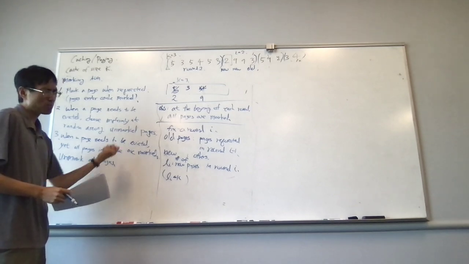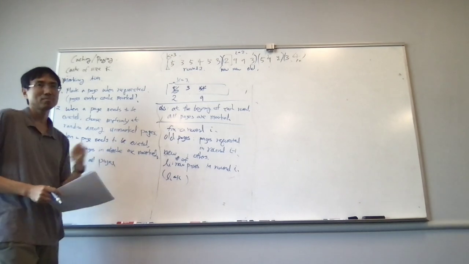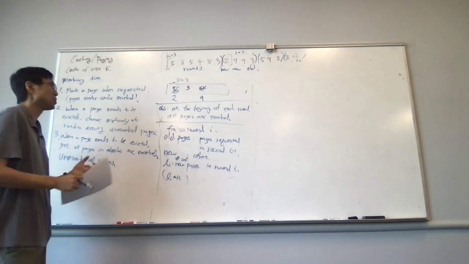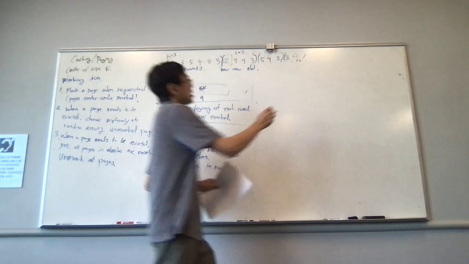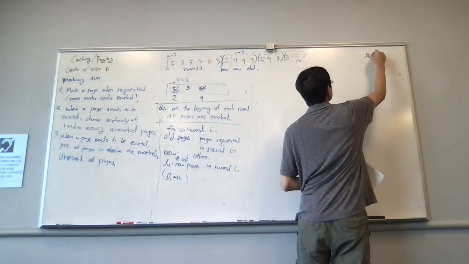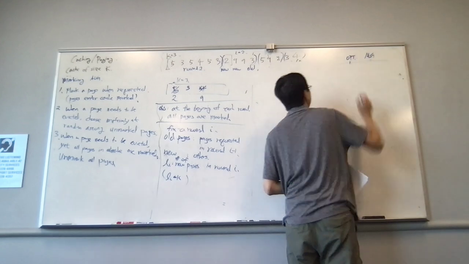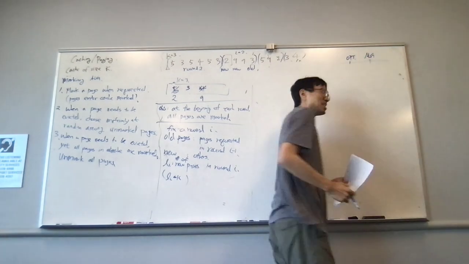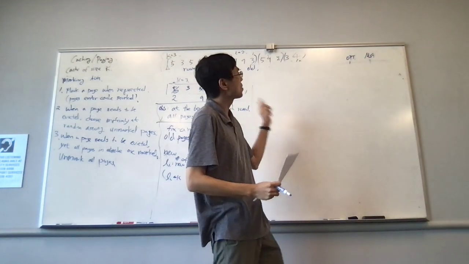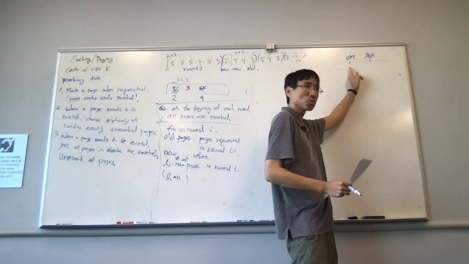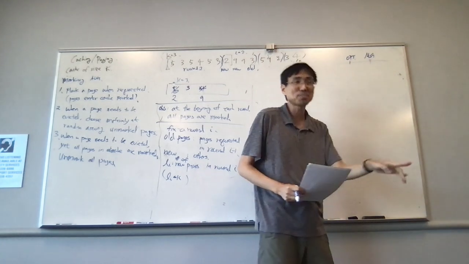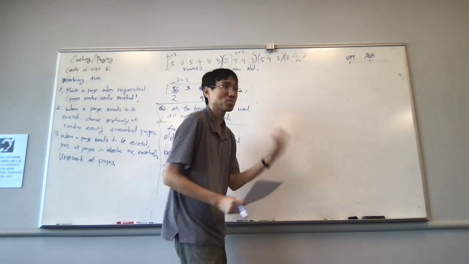So again, we want to compare our algorithm's cost to the optimum. It'd be ideal if we can compare our algorithm to the optimum solution. In this case, it's possible because it's not an NP-hard problem.